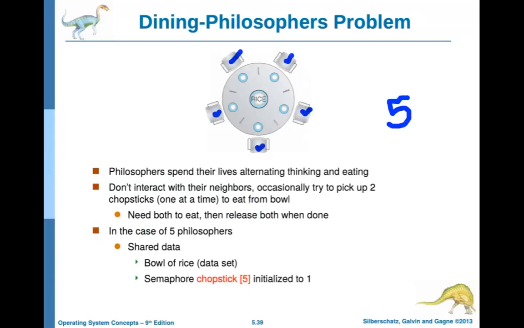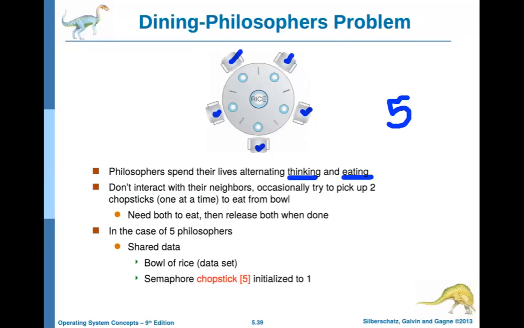So we have processes called philosophers, and they spend their life doing two things: either they are thinking or they are eating. So they are performing just two things, thinking and eating. If they are not eating, they are thinking.